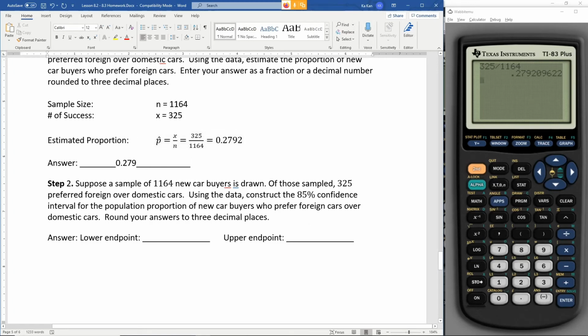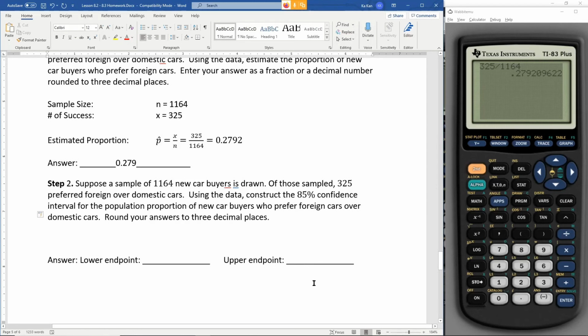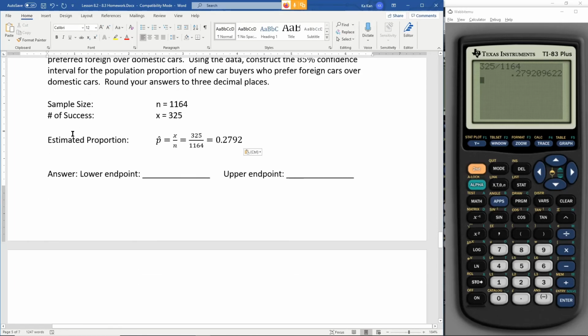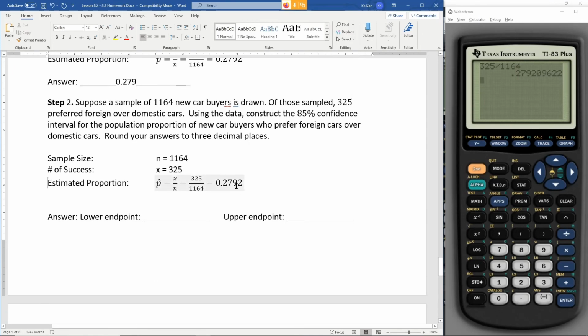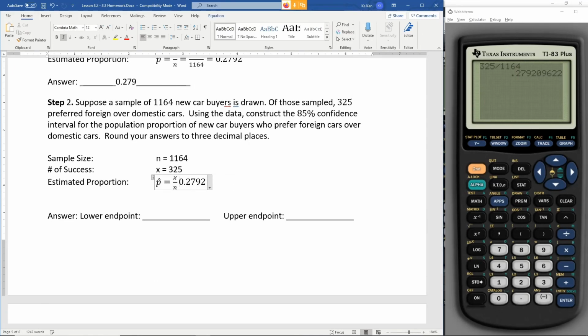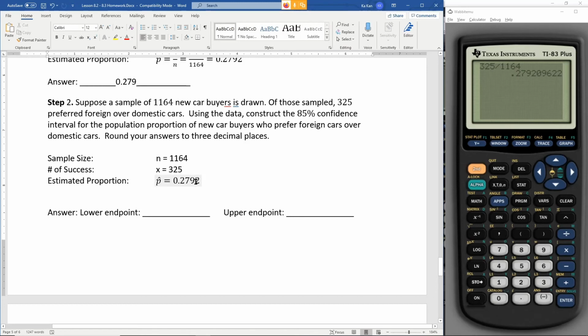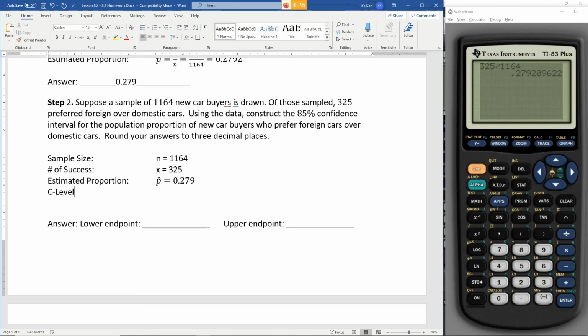Now, before we do the next problem, I'll write down what I know. We know the sample size, and we also know p-hat, 0.279 to 3 decimal places. The number of successes is X equals 325. The C level: they want you to establish a confidence interval with 85% confidence for this proportion.